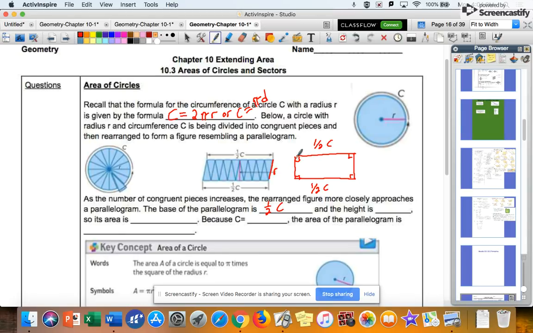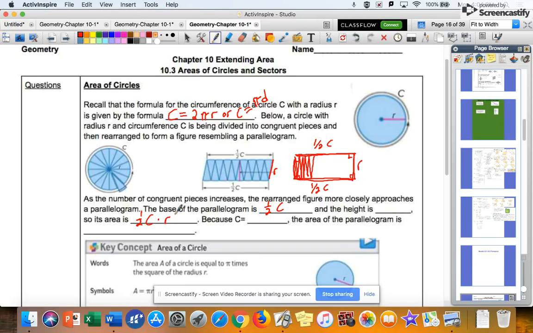As you get more and more slices, the whole thing straightens up and it actually does become the height of essentially a rectangle. So the rectangle is half the circumference times the radius, base times height. So the area is half the circumference times the radius.